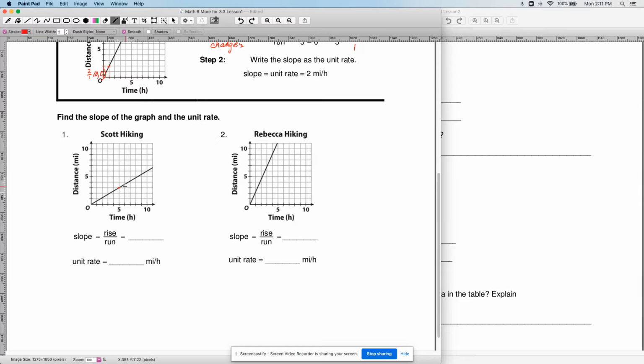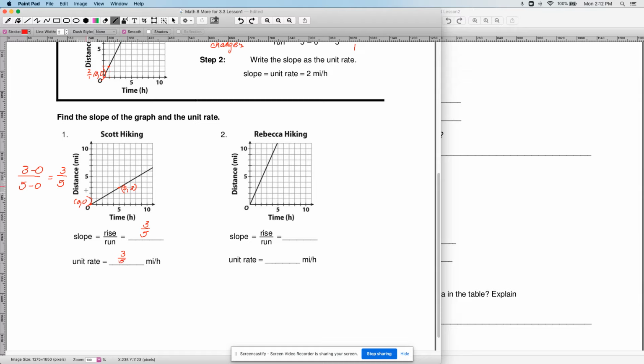Okay, so this point is (5, 3), and we also have (0, 0), which is our origin. Okay, so we would do the change in y, which is 3 minus 0, over the change in x, which is 5 minus 0, and we would get 3 over 5. So the slope is rise over run, which is 3/5. And the unit rate, that means Scott is hiking 3/5 miles in 1 hour.